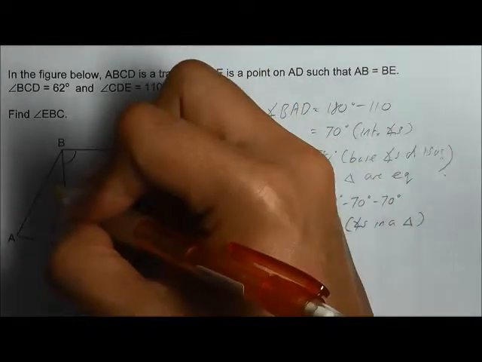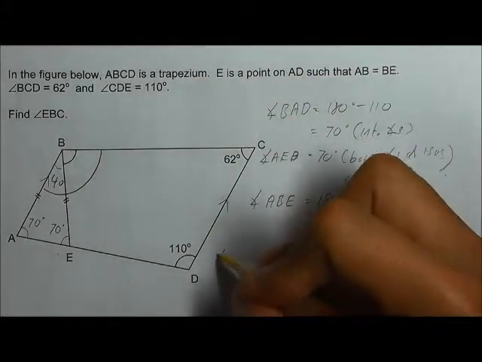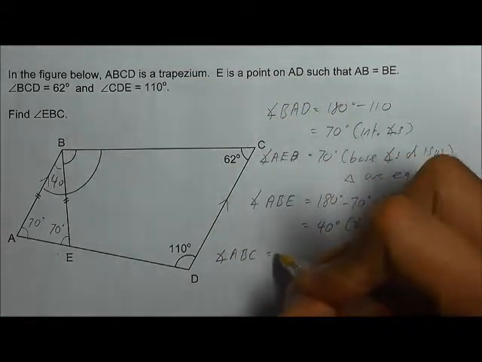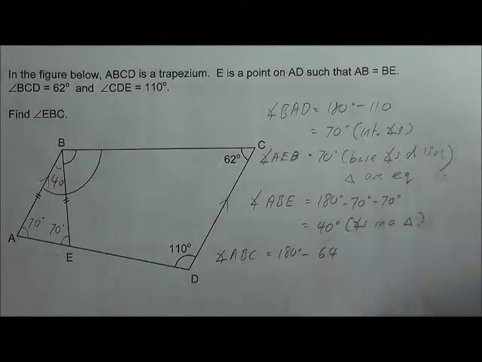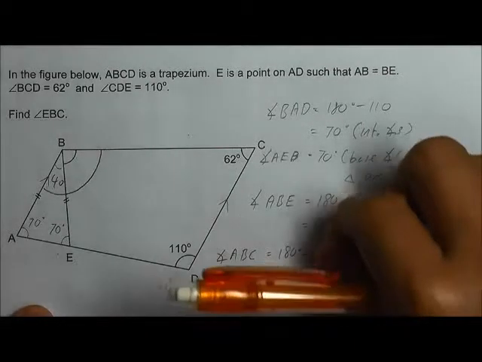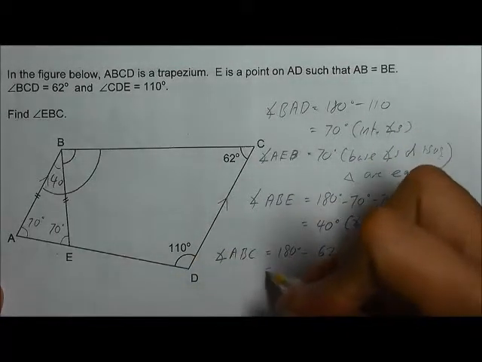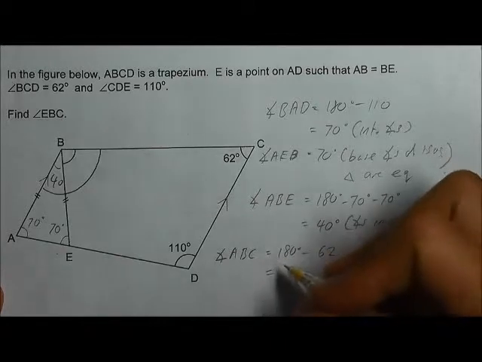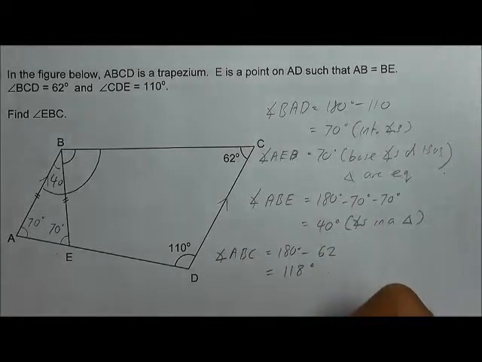Okay, we can find out what angle ABC is. Angle ABC is equal to 180 minus 62 degrees. Here we have 118 degrees.